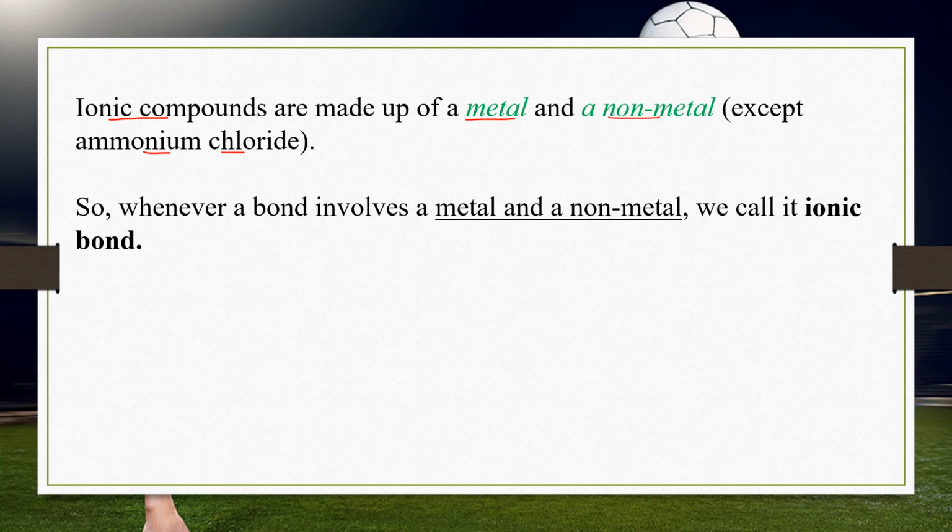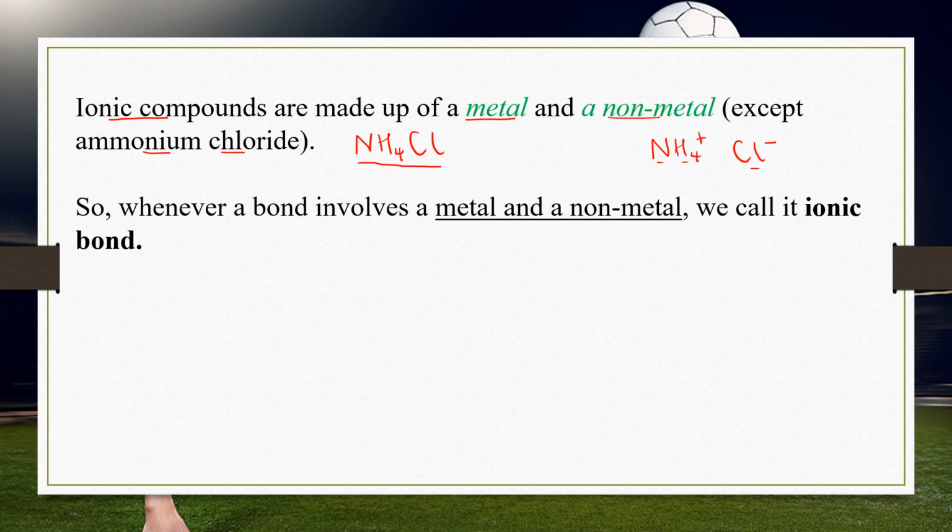It has no metal in it. Remember, it contains the two ions, ammonium and our chloride ion. So nitrogen, hydrogen and chlorine are all non-metals. We have no metal present. So ammonium chloride is the only ionic compound in our previous table that does not contain a metal.